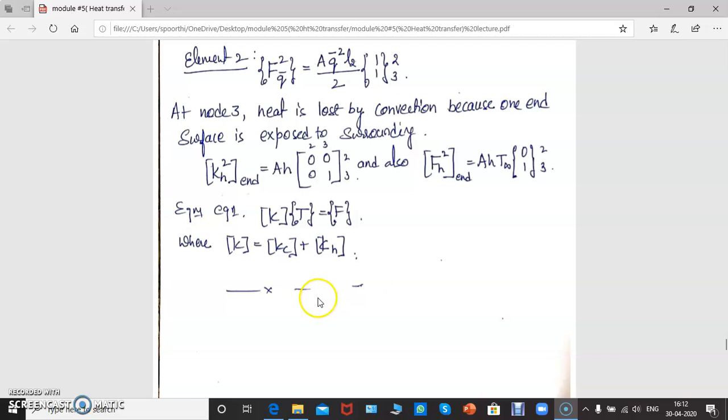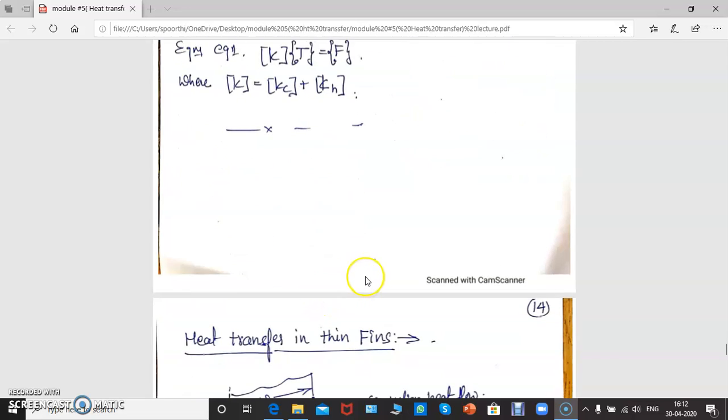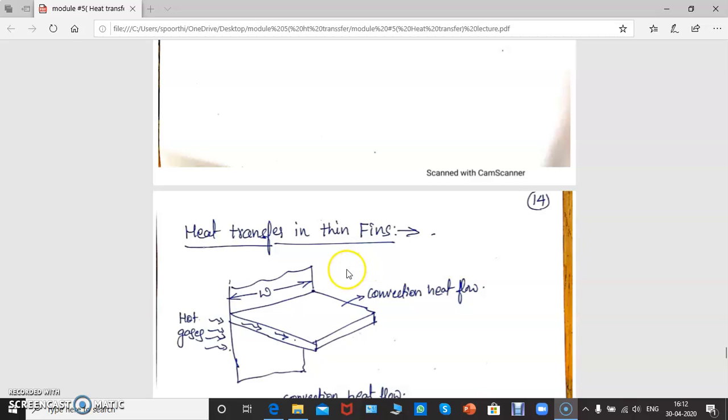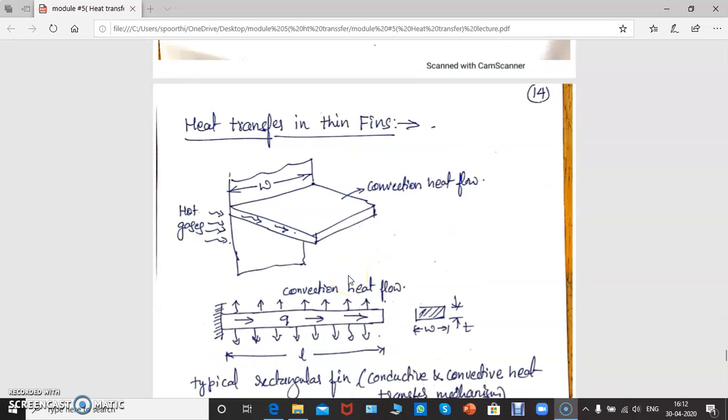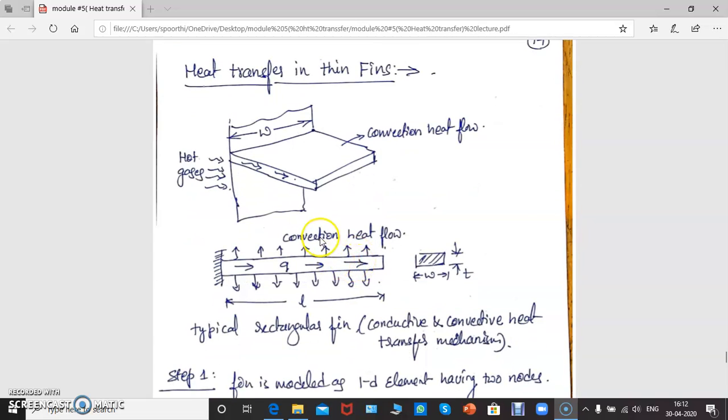So that is about the composite wall. Now next is about heat transfer in thin fins. This is also one context where we use the fins. Fins are very commonly used where the rate of heat transfer should be very high, like in an IC engine you will see the fins.